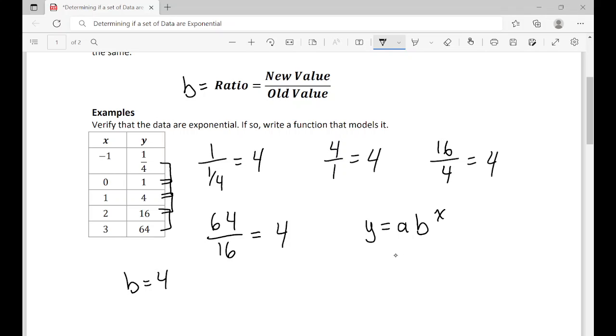And you can find the initial value by finding what it is when x is 0. So when x is 0, y is 1. So we know that a equals 1. So to write my equation that models it, my function, y equals 1 times 4 to the x. And we really don't need the 1, so I'm just going to say y equals 4 to the x. And here is the function that models this set of data.